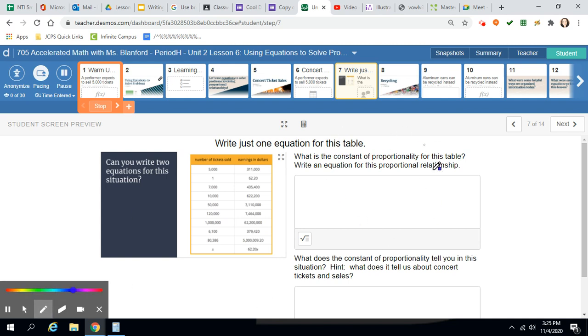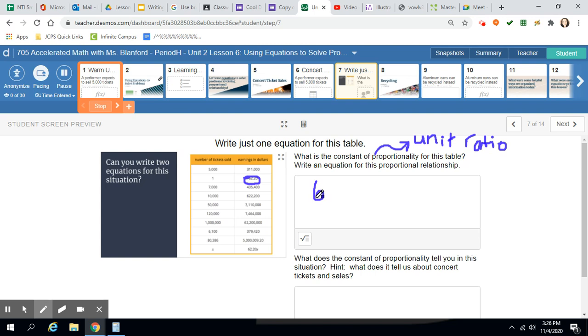Now, I remember that the constant of proportionality, there's a couple ways you can look at it, right? It's the unit ratio for this table, which if I look, the unit ratio means if you sold one ticket, how much money? And in this case, it's here. So I know it's $62.20.